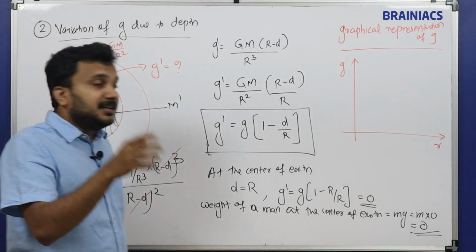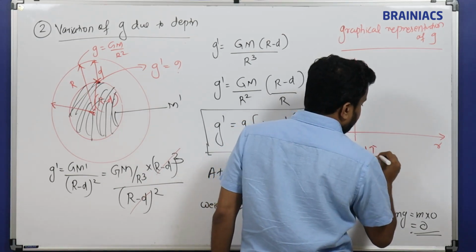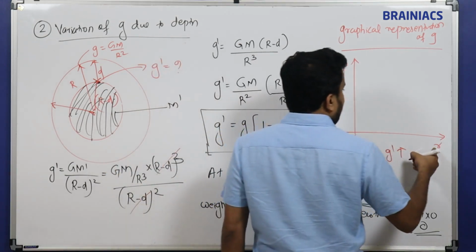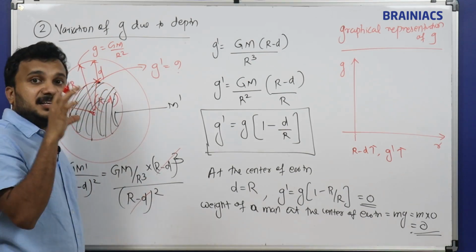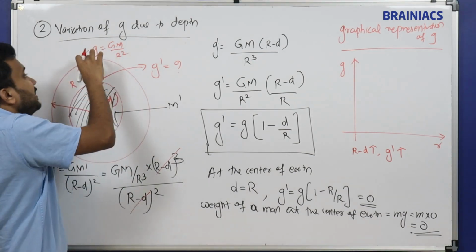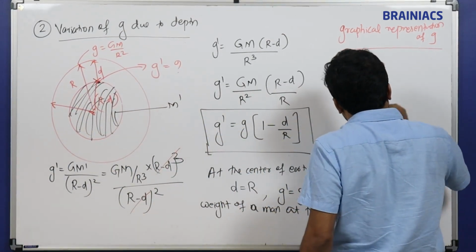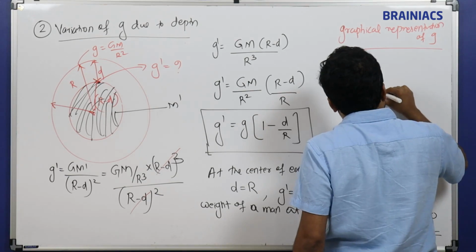So if R minus d is higher, g dash increases. R is the distance from the center. So R minus d is the useful quantity, and d should be lesser.